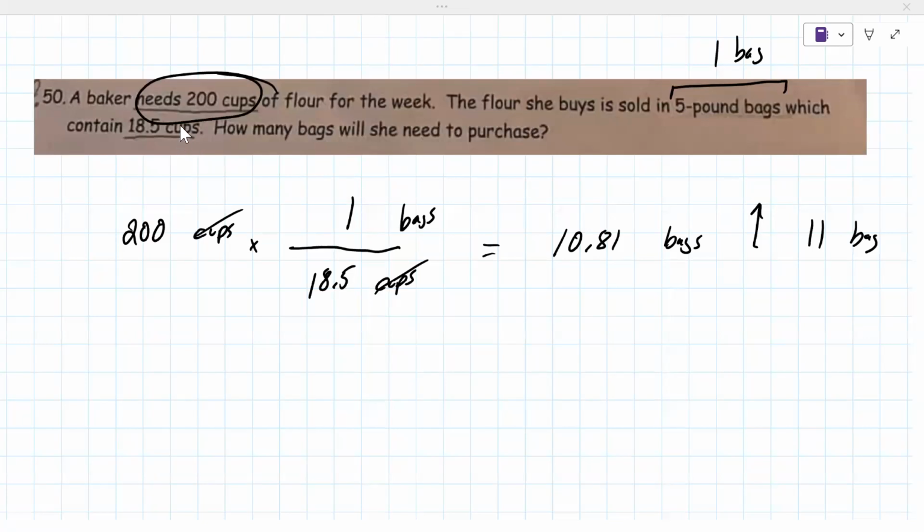All right. So now if each wrapping paper sheet covered 60 square inches, how many sheets must she purchase? Okay. So as long as your conversion here is correct, which I don't know why it wouldn't be, 51 looks really good.